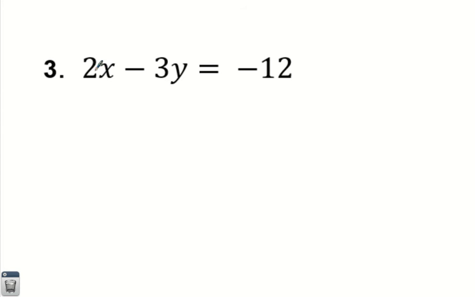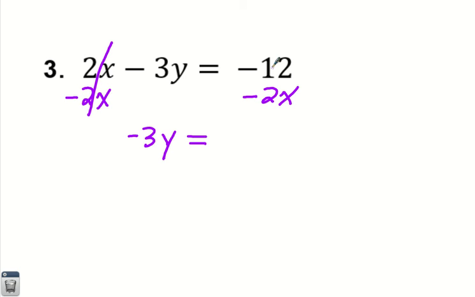So how do I get rid of 2x? It's a positive 2x, right? Remember, this negative goes with the 3, the negative 3y. So here's what I'm going to do. I'm going to subtract 2x from both sides, and that'll leave negative 3y on the left side. What does the right side become? Think about this.